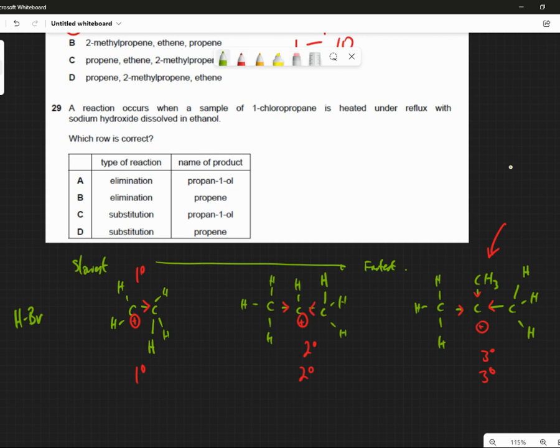All right, number 29 anyway. A reaction occurs when a sample of 1-chloropropane is heated under reflux with sodium hydroxide dissolved in ethanol. Which row is correct? Now, first of all, you've just got to know your stuff.